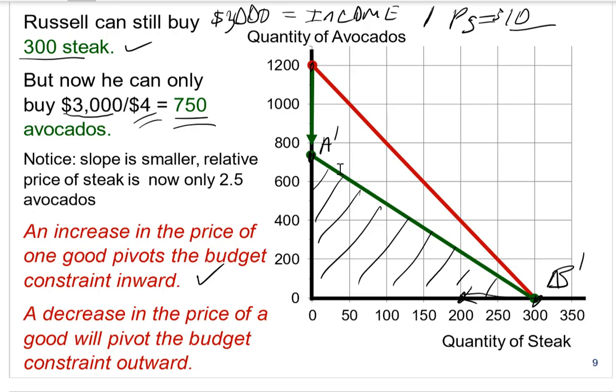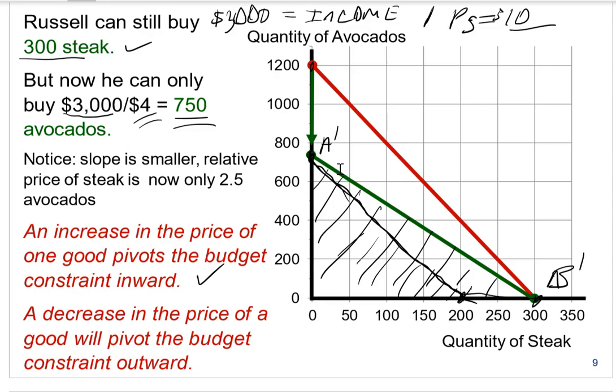So this quantity of steaks, assuming that the avocados remained at $4, would give us a new budget constraint here. So that will be our new budget constraint. So with inflation, our purchasing power has been eroded. It has become even smaller.